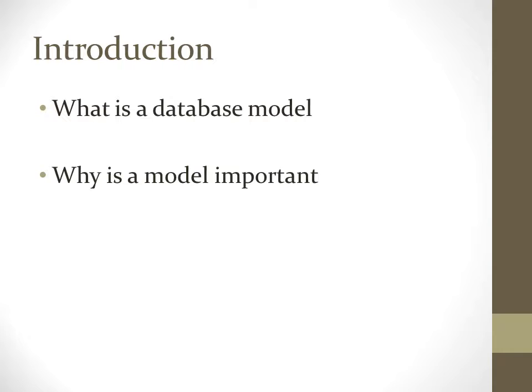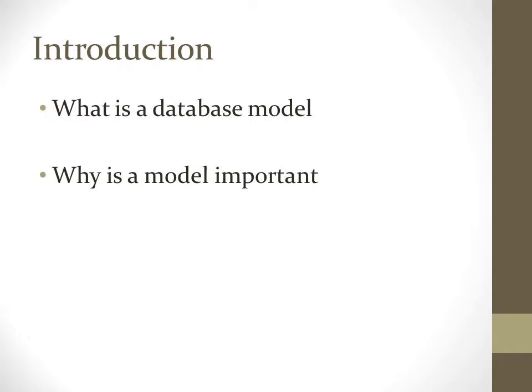Now we take this a step further with the database model by defining the relationships between those entities. This can be especially important for certain database systems that require a certain level of integrity on the data that it contains and a certain level of logic and constraints on the operations that occur on that data.